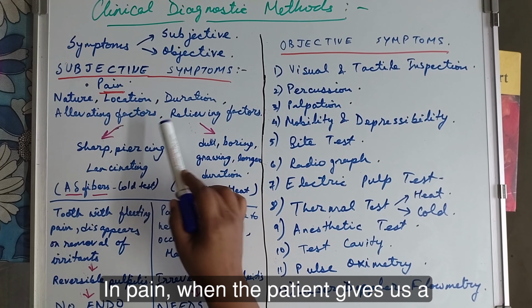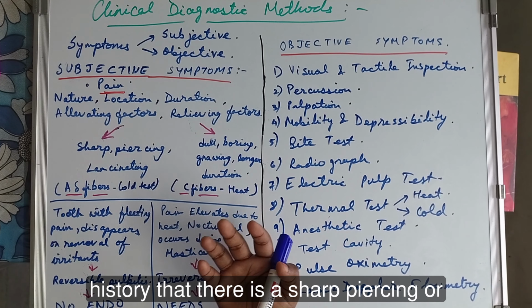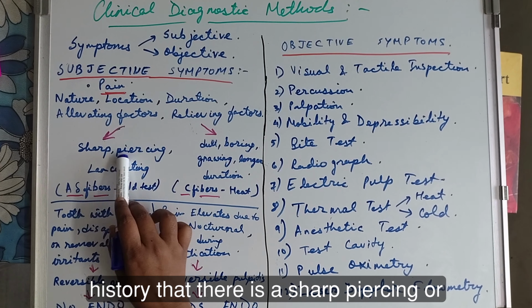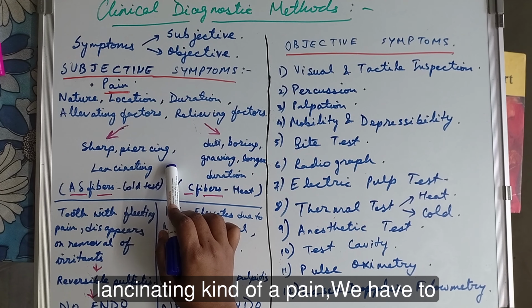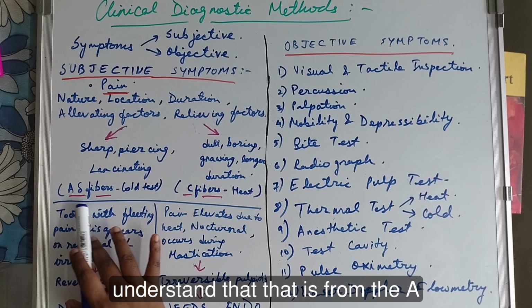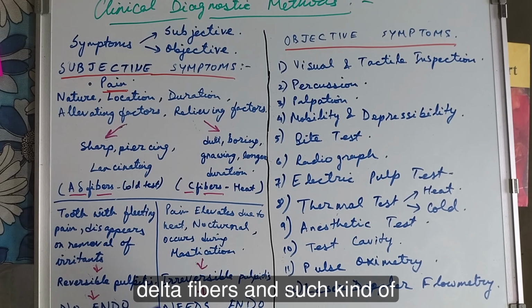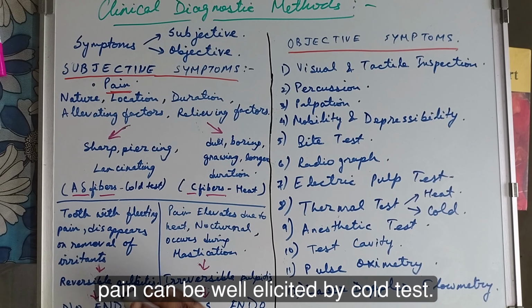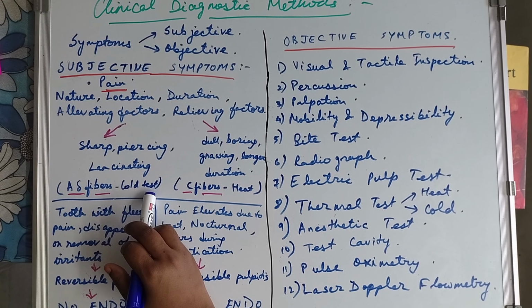In pain, when the patient gives us a history that there is a sharp, piercing or lancinating kind of pain, we have to understand that that is from the A delta fibers, and such kind of pain can be well elicited by cold test.